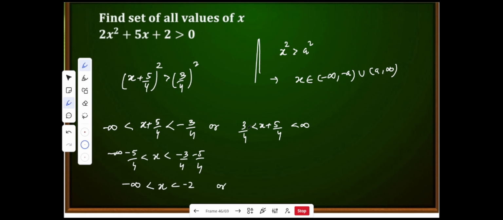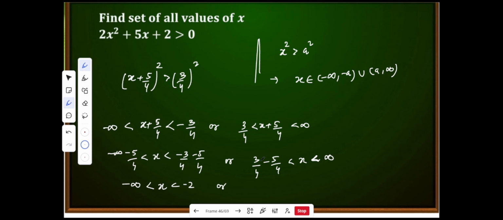Same on the other side: subtract 5 by 4 from both sides, so you get 3 by 4 minus 5 by 4 on the left and x in the middle. From infinity, subtracting 5 by 4 has no impact, since infinity is a very big number, so infinity minus a given number is always infinity.